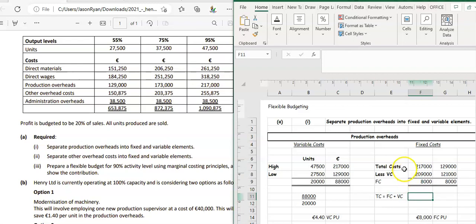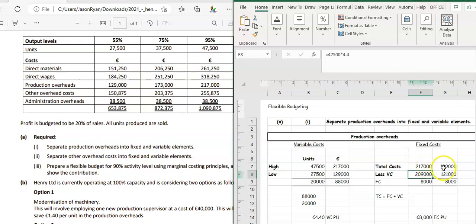So if we know what our total costs are, which is this 217,000 and 129,000, and we know what our variable cost is per unit, and we know how many units there are, we're able to calculate our fixed cost. So you can take this €4.40 and multiply it by 47,500.